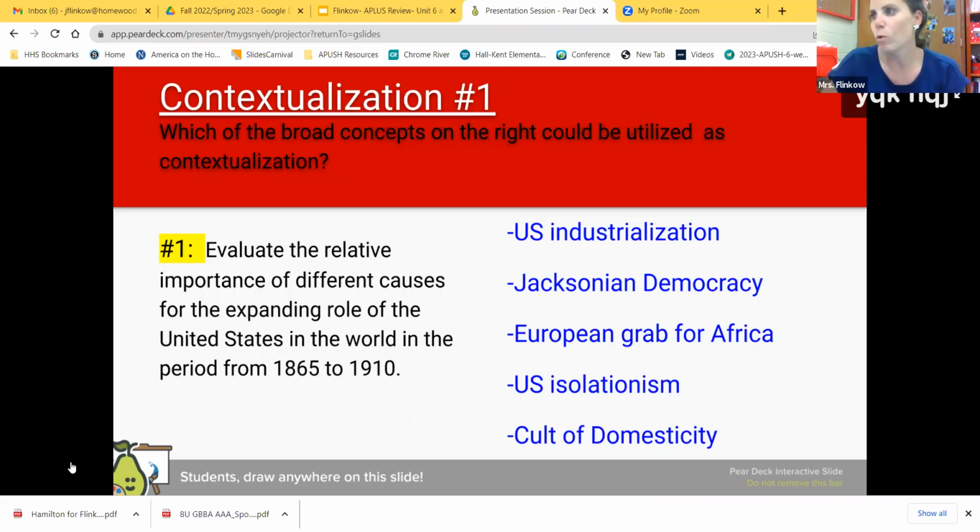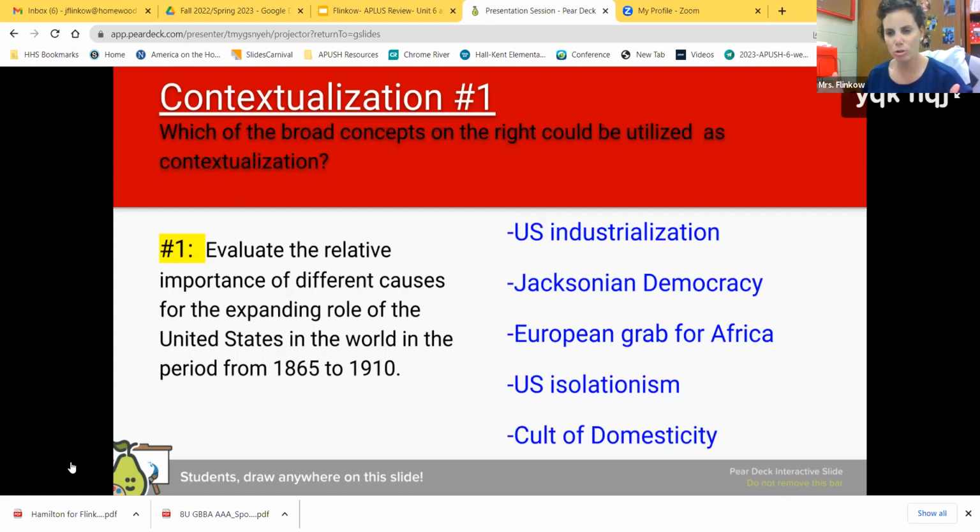All right, so for this one, what you should have written through, highlighted through, is U.S. industrialization and European grab for Africa. Okay, that's what sets up the United States expanding into other parts of the world. U.S. industrialization, I kind of spoke on this on time period 6, but that has to do with expanding markets.